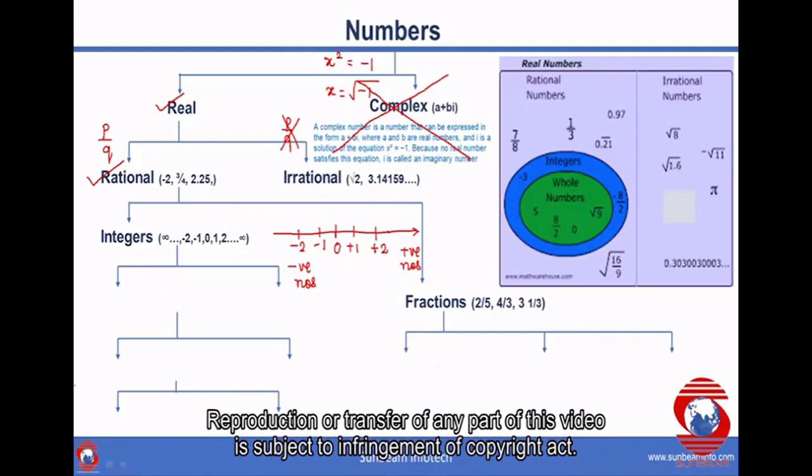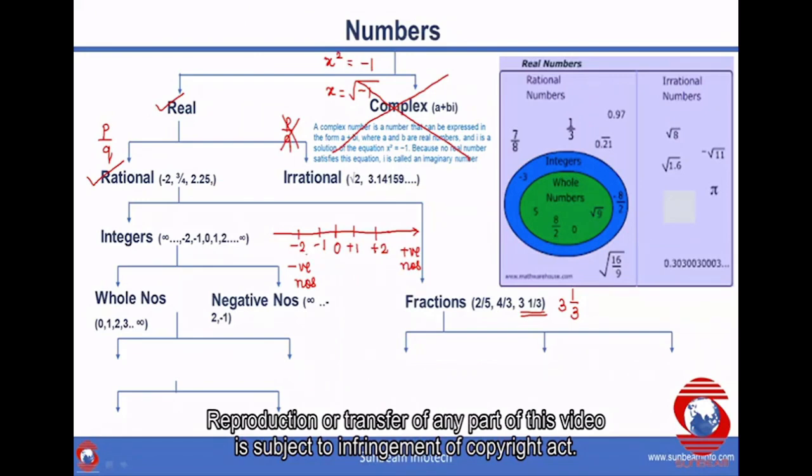And what are fractions? Fractions are numbers I can write as 2/5, 4/5, 4/3, or even as mixed fractions, like 3 1/3. This is how I can express fractions. Integers again are divided into whole numbers and negative numbers. What are whole numbers?